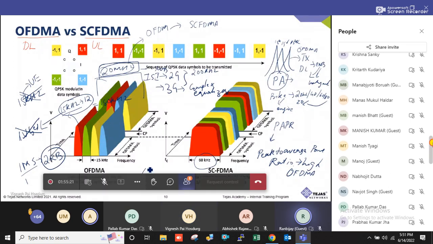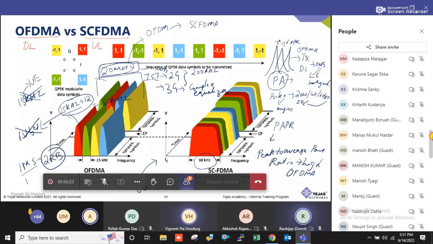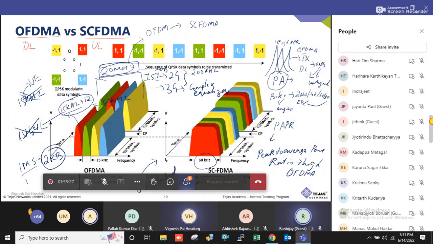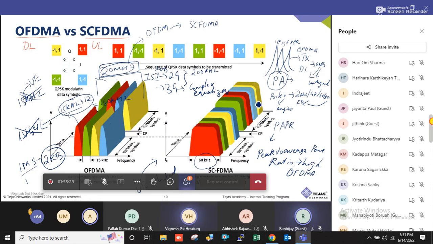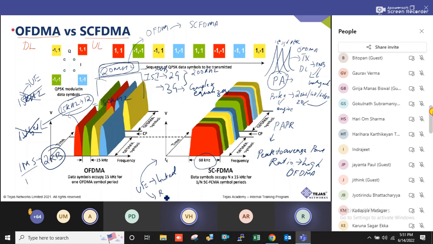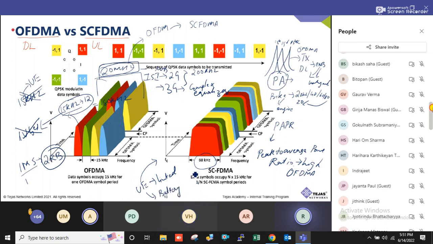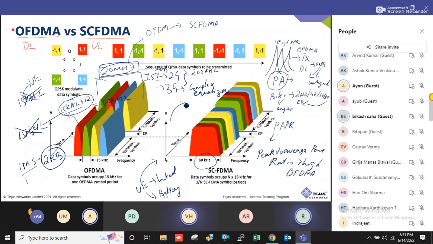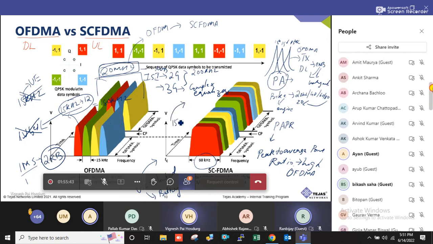Now, who is doing uplink? Uplink is done by the UE. The UE has limited power. With this limited power, if I try to do OFDMA, it will have a lot of impact on my battery. So what they did was, in uplink, we are not cutting down into 15 kilohertz.